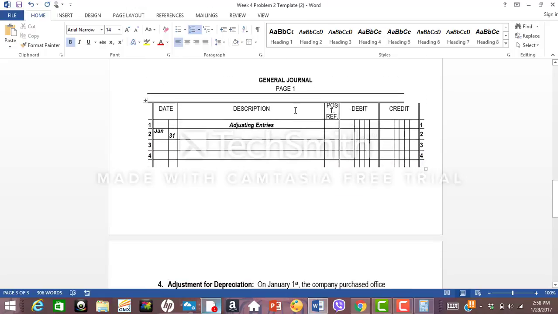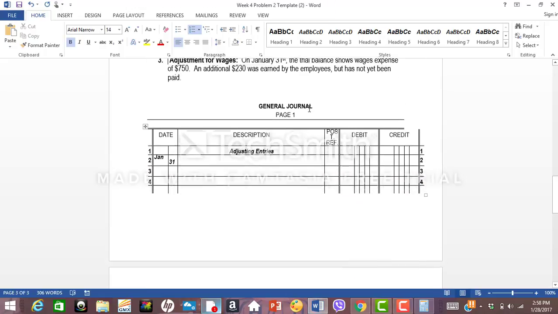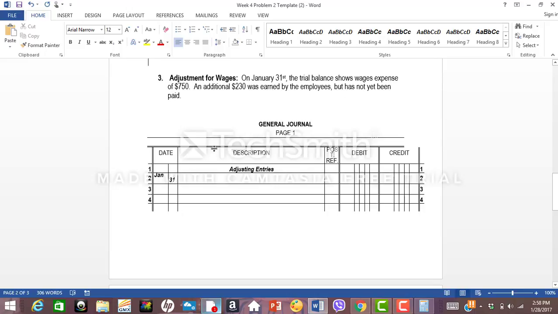It says on January 31st, the trial balance shows wages expense of $750. An additional $230 was earned by the employees, but has not yet been paid. So it would be wages expense, and wages expense would be under the debit side for $750.